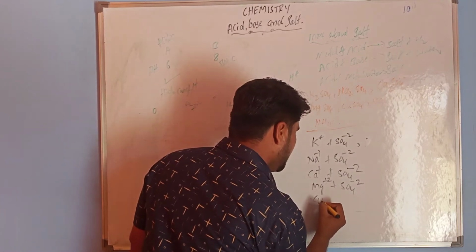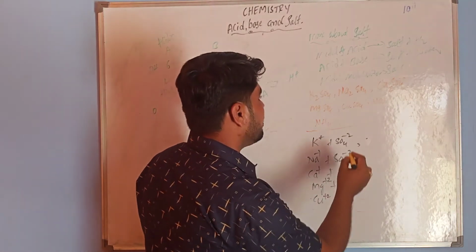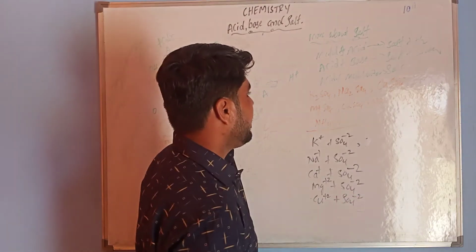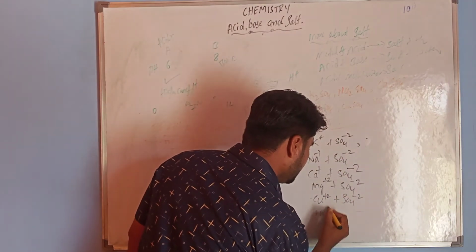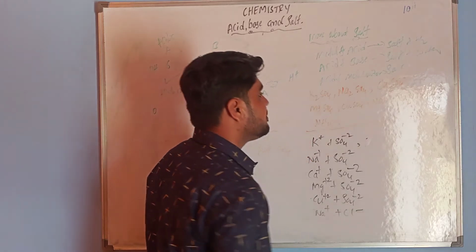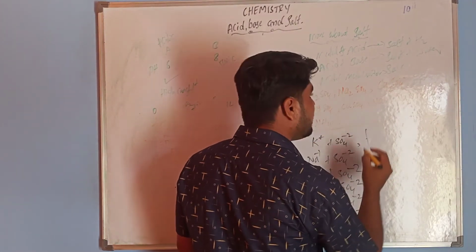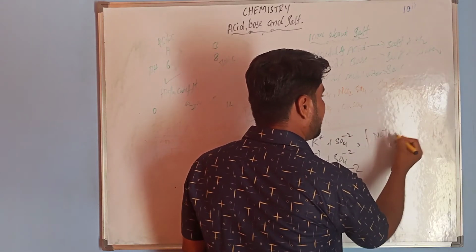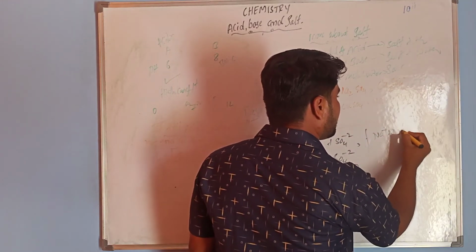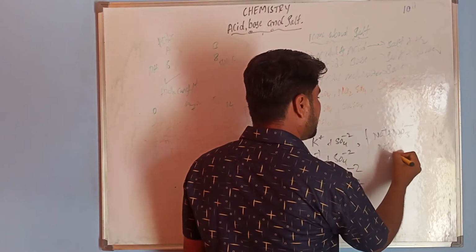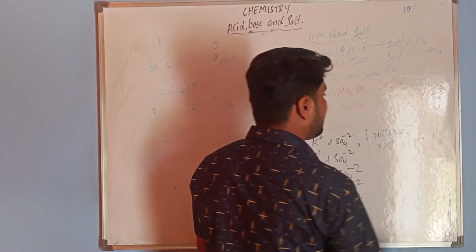Next is Cu 2 plus and SO4 minus 2. Next, Na plus and Cl minus. Next, Na plus and NO3 minus. NH4 plus and Cl minus.